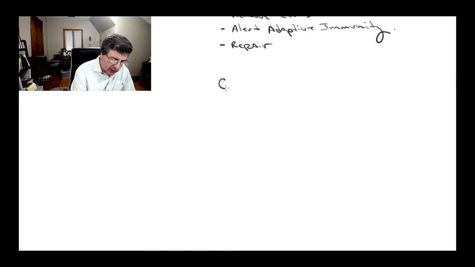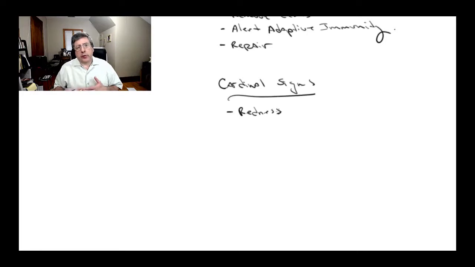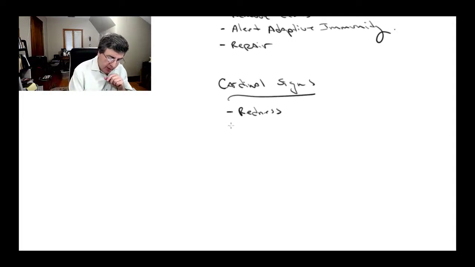So cardinal signs. And those cardinal signs, your first one is going to be redness. Okay, redness is basically going to be associated with increased blood that comes to that area. We'll talk about that shortly, okay? Then you also have heat.